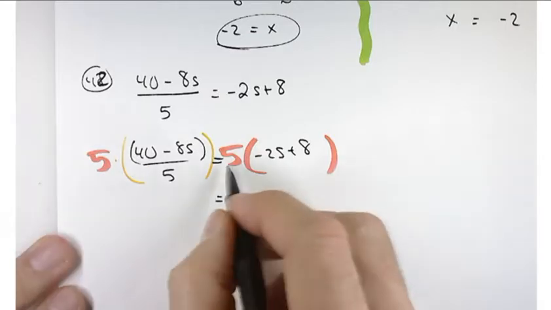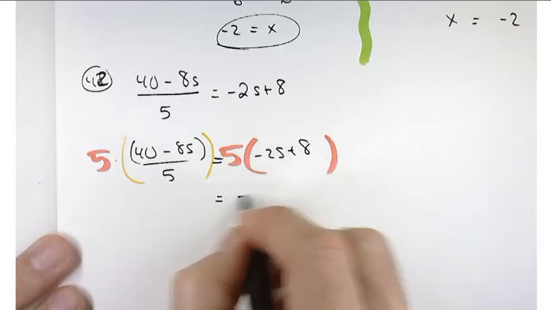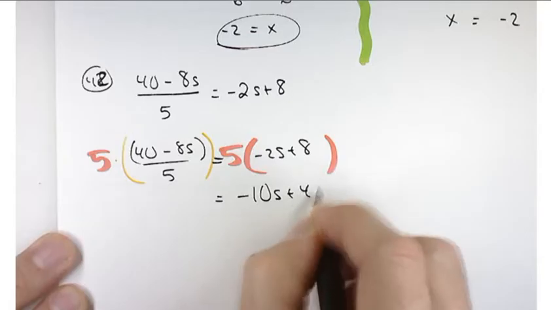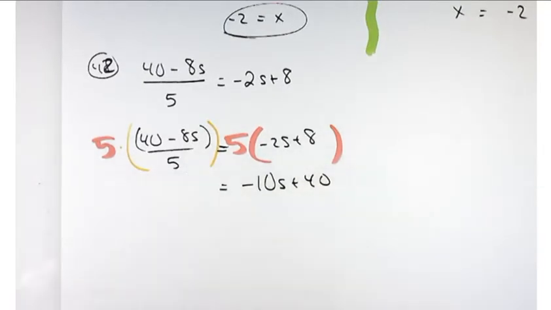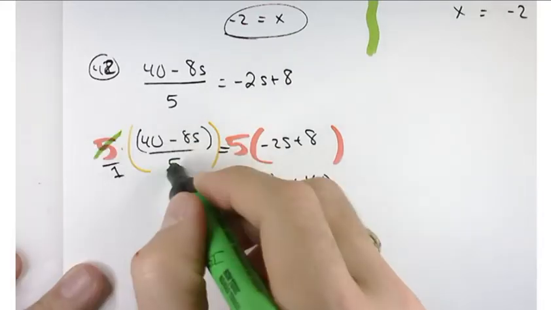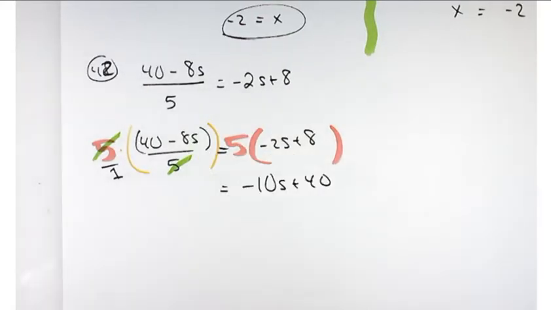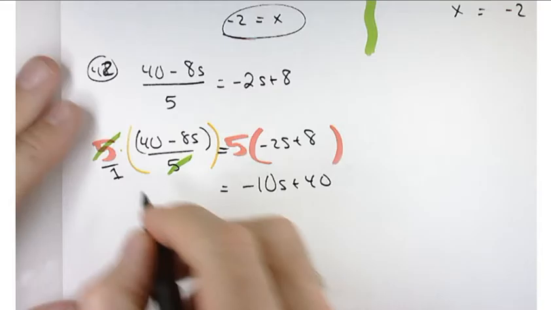On the right-hand side, we're going to distribute negative 10s plus 40. On the left-hand side, remember, we're multiplying by 5 so that we can get rid of that denominator. So on the left-hand side, the 5 cancels itself out, and you're left with 40 minus 8s.